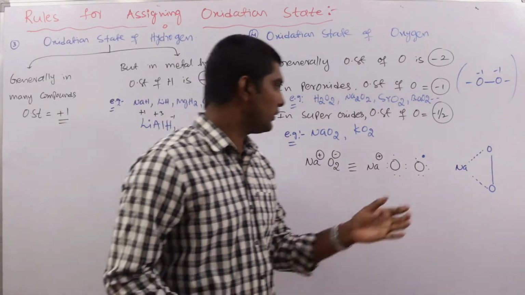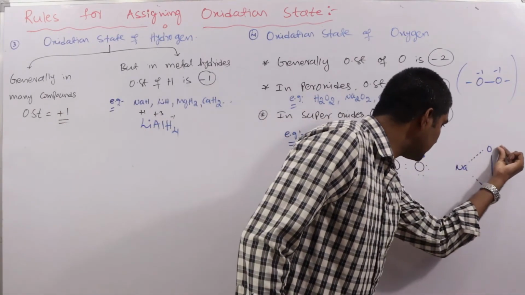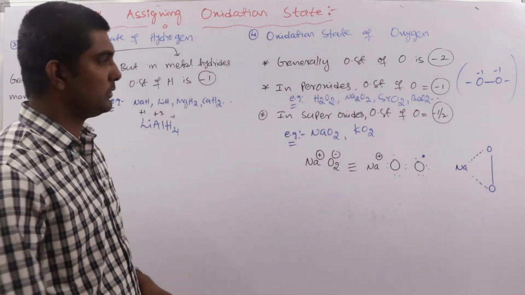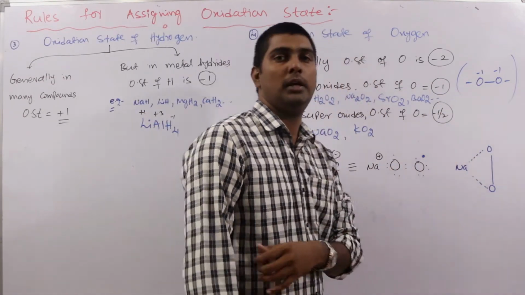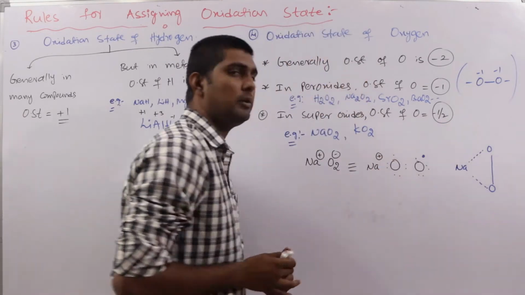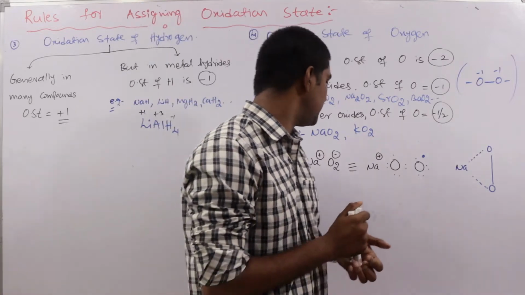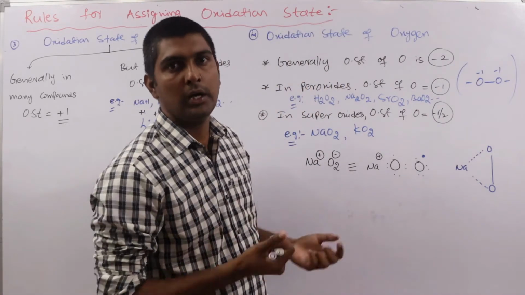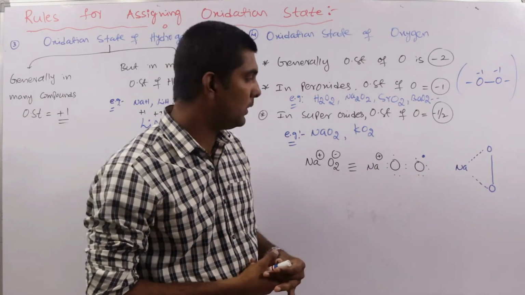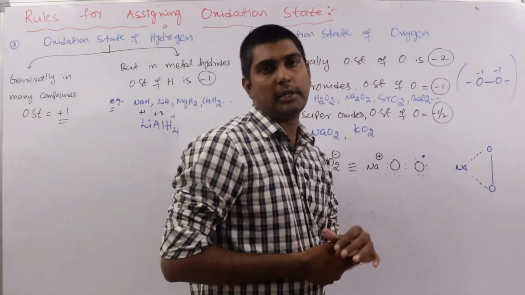So sodium may be bonded to this oxygen for some time and to this oxygen for some time. So delocalized electron. Clear? That's why in the superoxides -1/2 is actually the average oxidation state, because half an electron is not possible, yes or no? So this is the special case.